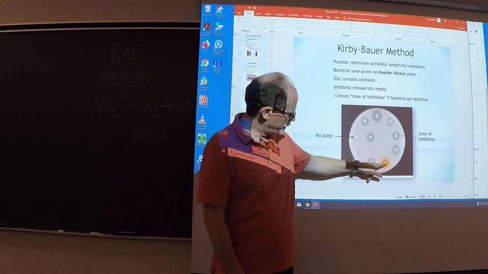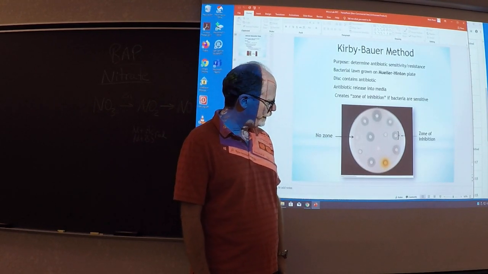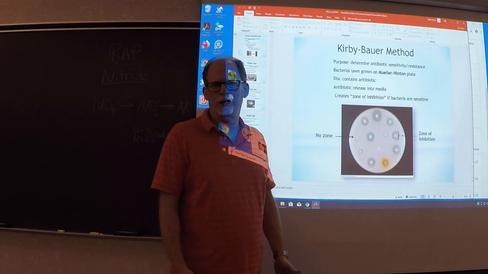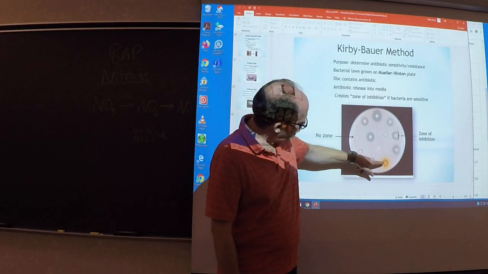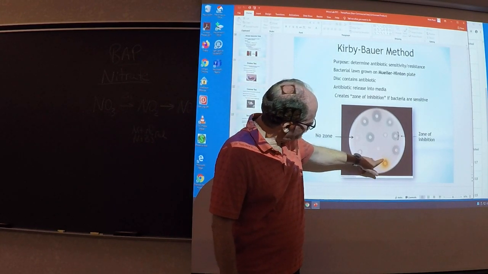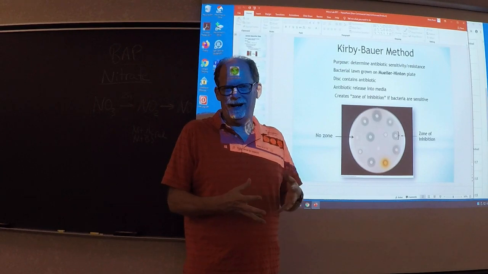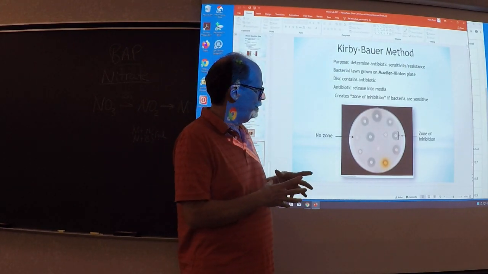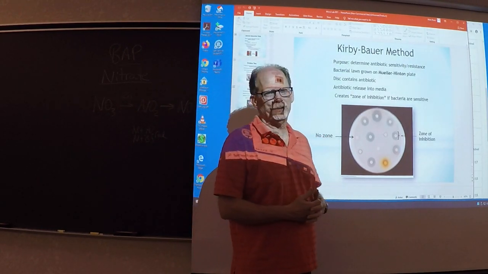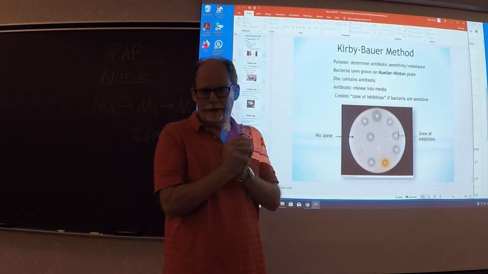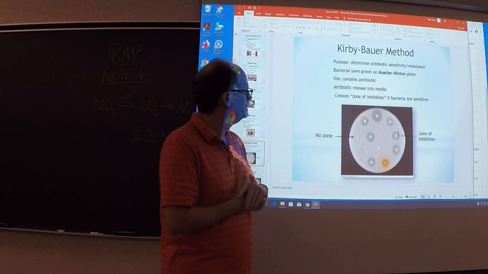You can see in this disc, it's a sulfonamide, I think. It has a yellow color, so you can see how it goes from the disc and penetrates the media. The further you get away from the disc, the less of the antibiotic or antimicrobial gets into the media, so it's less effective, but it's most effective nearest the disc.